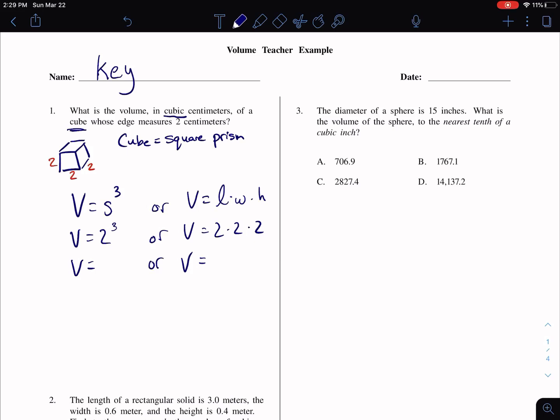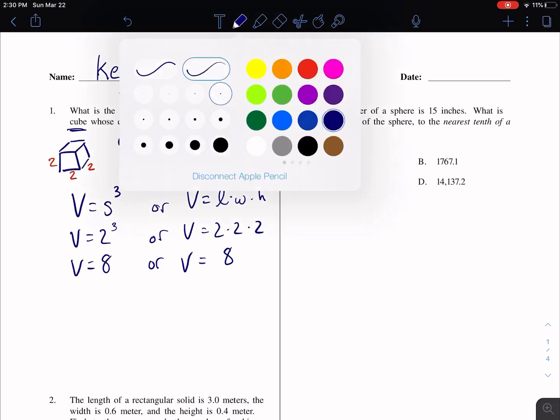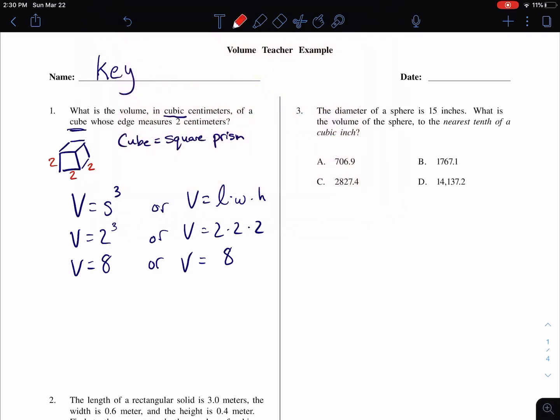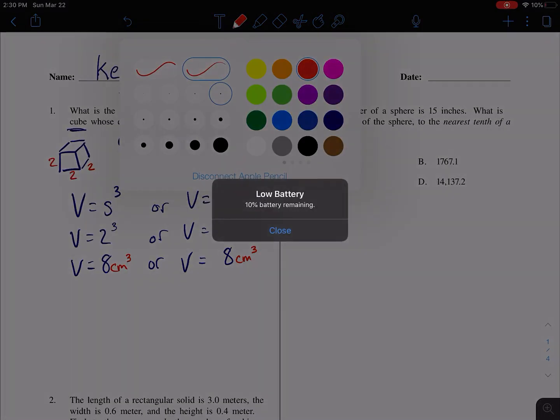And in both cases, we're going to get 8. Now you'll notice it's in cubic centimeters. So I'm going to change the color here just to highlight this, but our unit is in centimeters cubed, okay? Each side is 2 centimeters, so we want to make sure we include that. So what is the volume? The volume is 8 centimeters cubed.